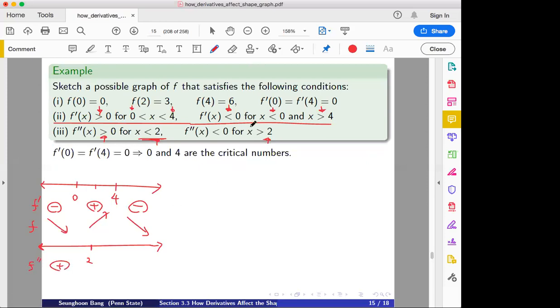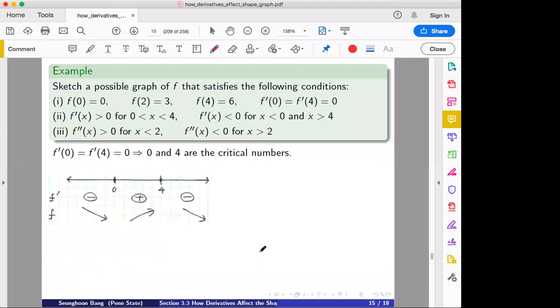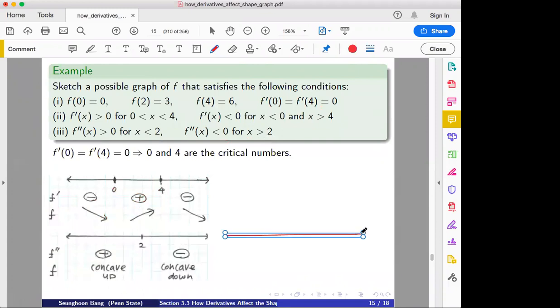For x greater than 2, the second derivative is less than 0, negative. So the function f is concave up, then concave down. This is the whole idea. You can sketch it. The graph is like this.